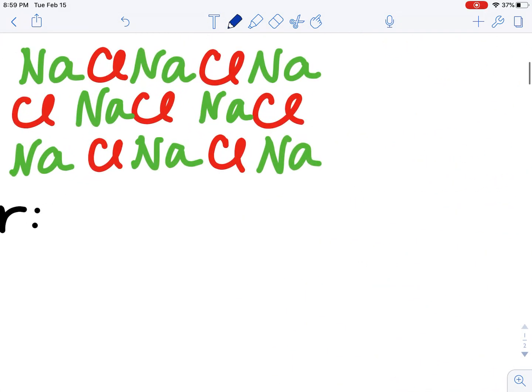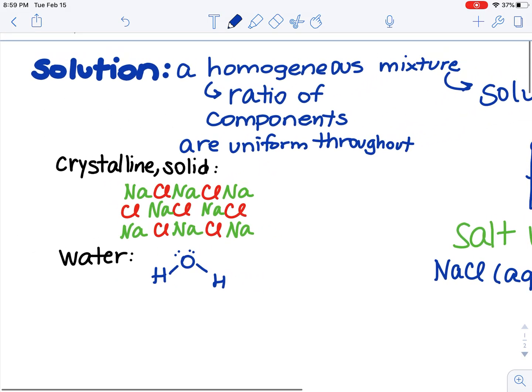Water, we know, is a bent molecule where oxygen is our partial negative region and hydrogen is our partial positive region.